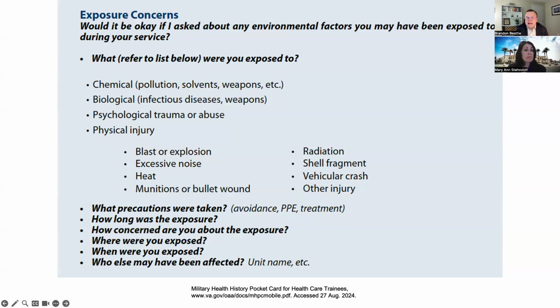You can see biologic, with things like infectious disease or weapons, psychological trauma or abuse, and certainly a whole host of physical injury. You want to take into account what precautions were taken, how long you were exposed, and when you were exposed. Documenting those things can help to streamline care. So these are just some examples of resources that already exist and that you can certainly tap into in your educational curriculum.